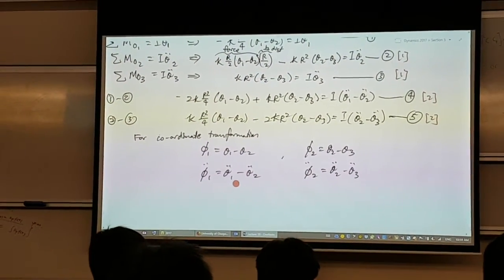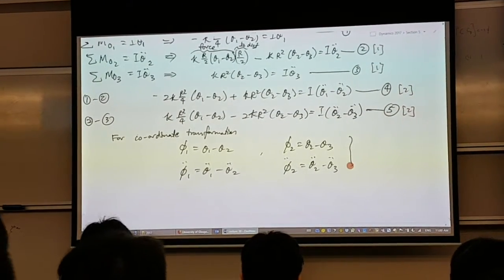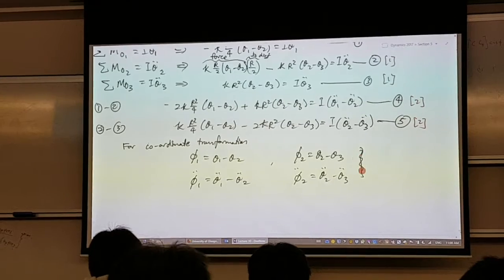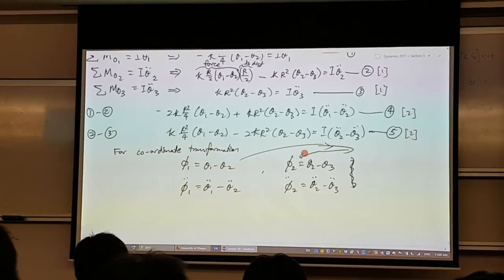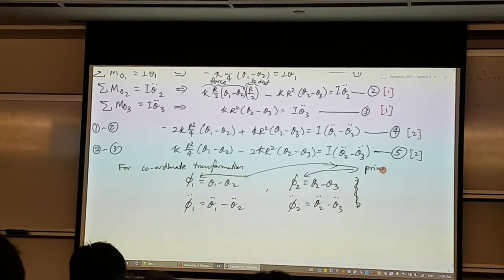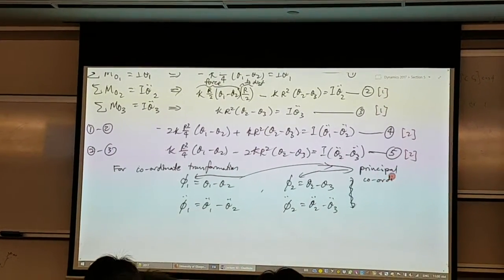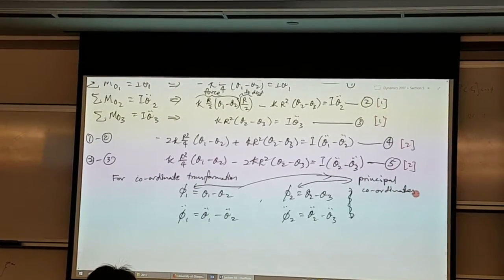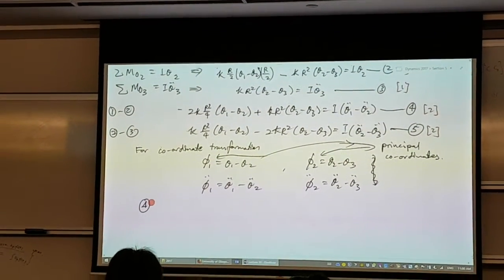So once we have the coordinate transformation, these are your principal coordinates. Once you have them, then you can substitute into equation 4.